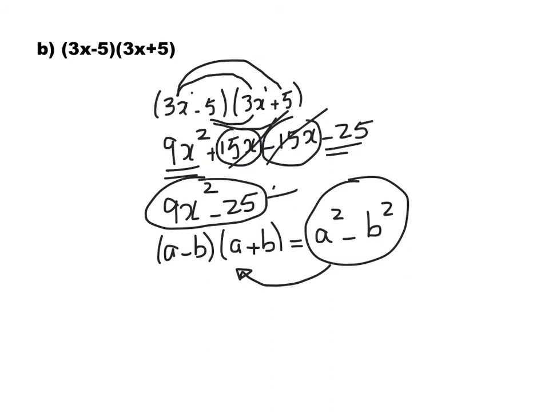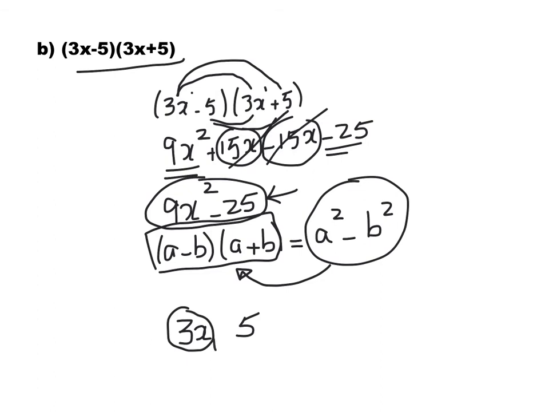Now, in this case, if I take the square root of 9x squared, I get 3x. If I take the square root of 25, I get 5. So this means I have to end up with a minus b times a plus b. The square root of 9x squared is 3x, so this is my a.